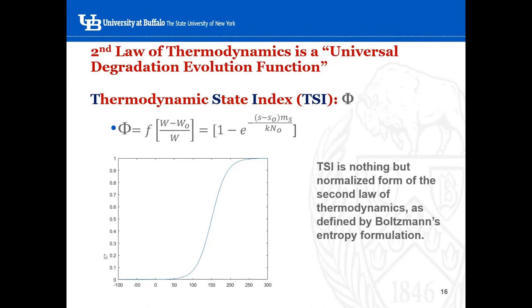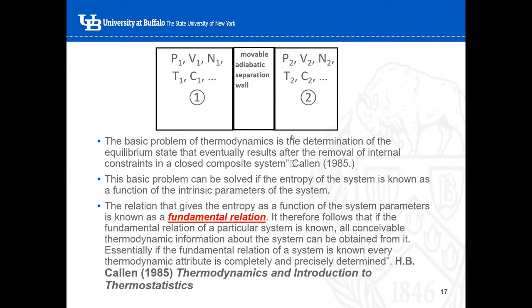Then this thermodynamic state index will go from 0 to 1 according to Boltzmann's entropy formulation. Essentially, this equation is nothing but a normalized form of the second law of thermodynamics as defined by Boltzmann's entropy formulation.